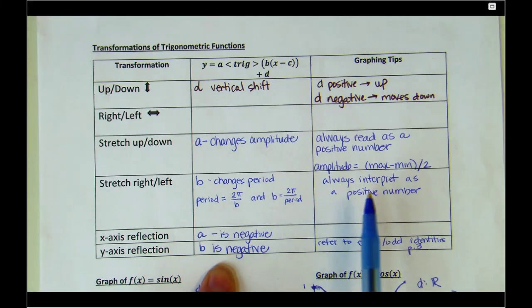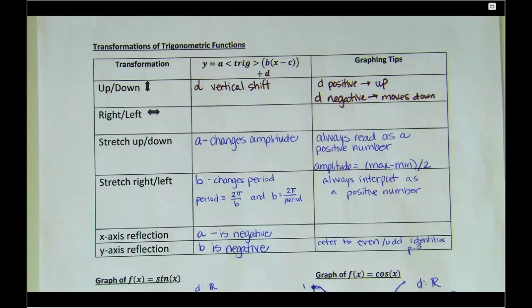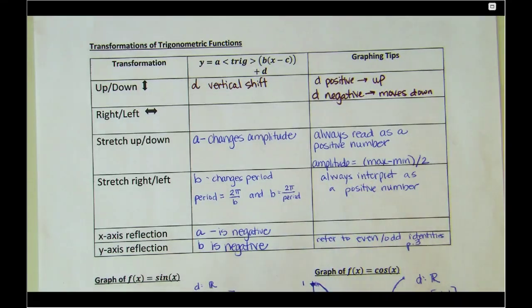So B is the one that can be two things: it's potentially a reflection, and it's the horizontal change. For this, we only care about this. You guys good?